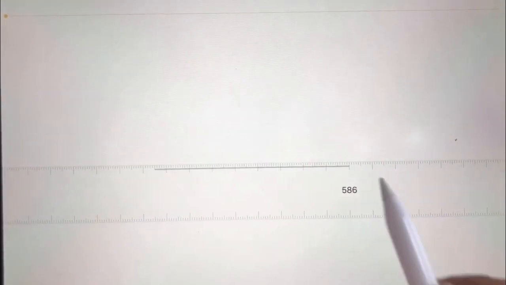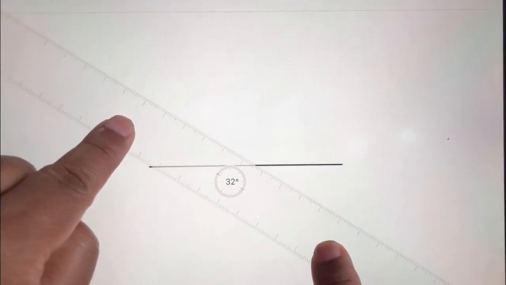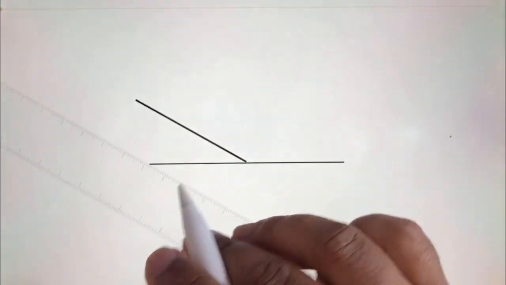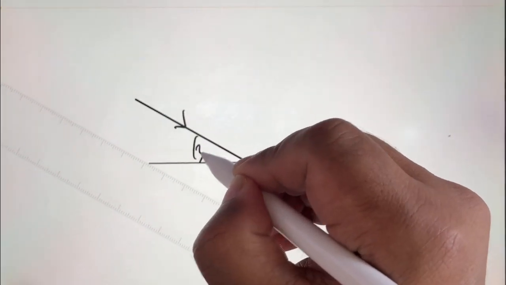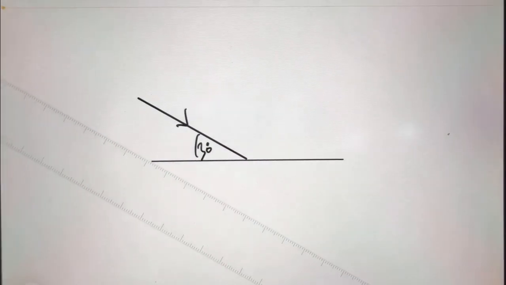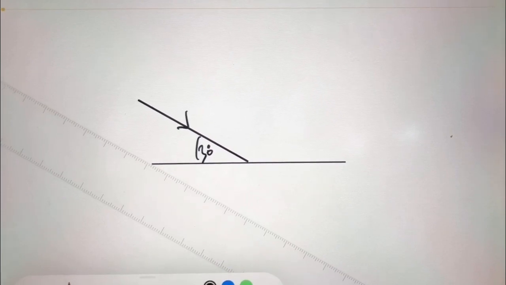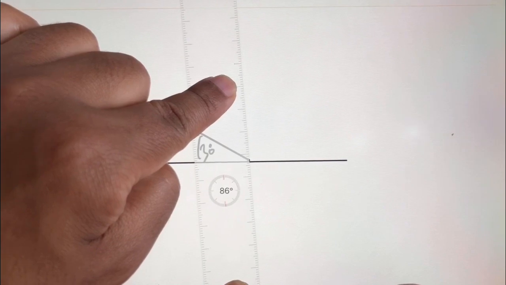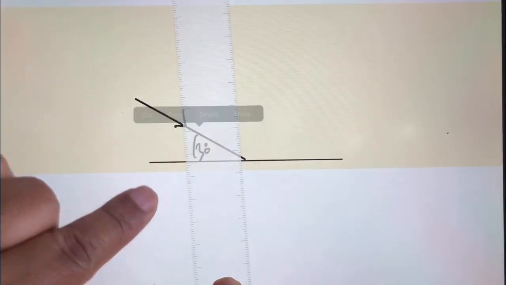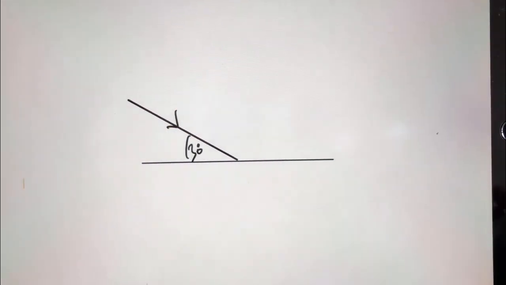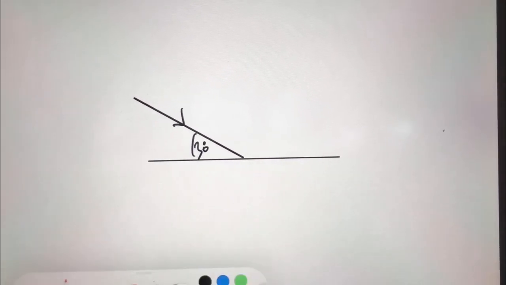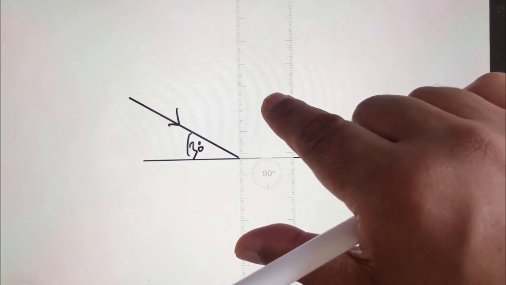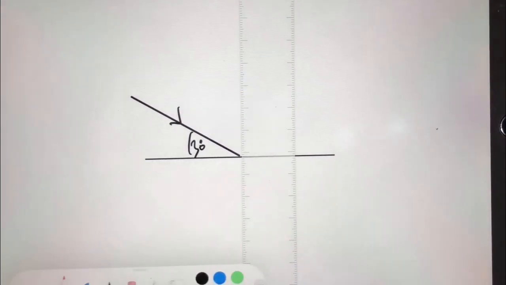So let's say we got a problem. This is the mirror, and say they give us an angle of incidence, an incident ray, so this is 30, and they ask us to draw the reflected ray. In this case, first you need to draw the normal. This is the important line. You draw the normal, which is at 90 degrees. So this is the normal.